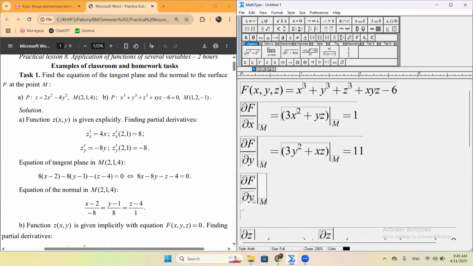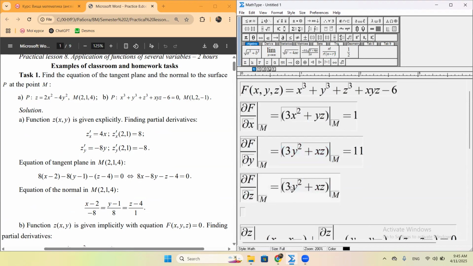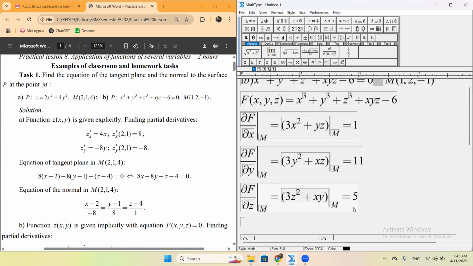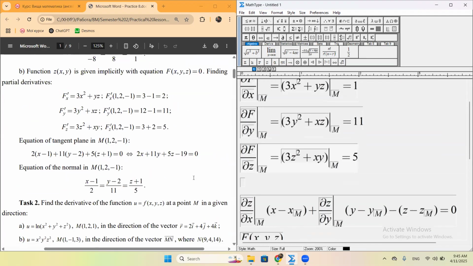And now differentiating by z. So 3z square plus xy. So it will be equal 3 plus 2, it will be equal 5. So found.